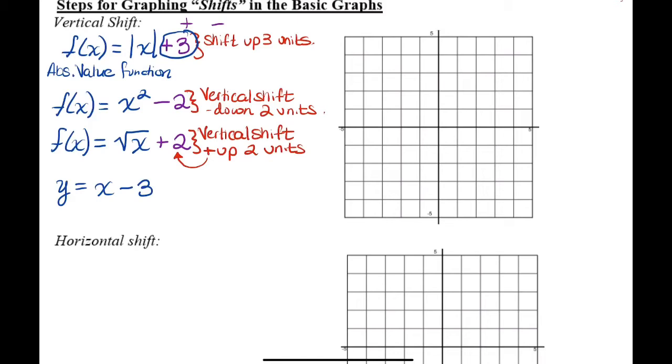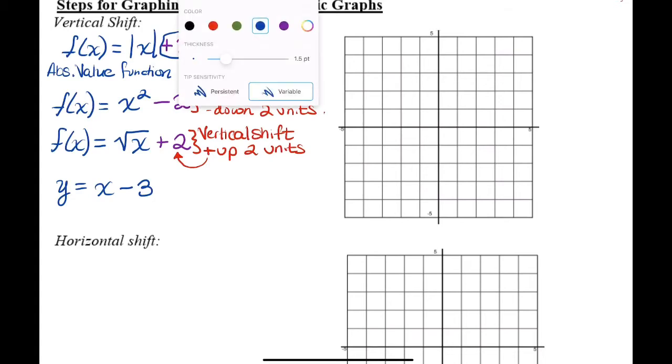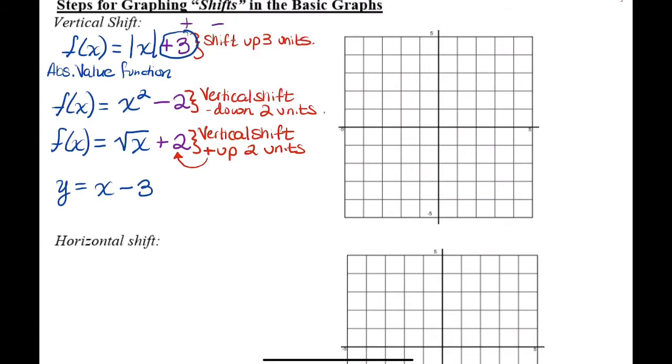Okay, now just for the heck of it, I want to show you guys a linear graph right here, a linear function, and just how these shifts work the same way. Now, knowing what you know about graphs, let's say the parent function of a linear function would be y equals x.